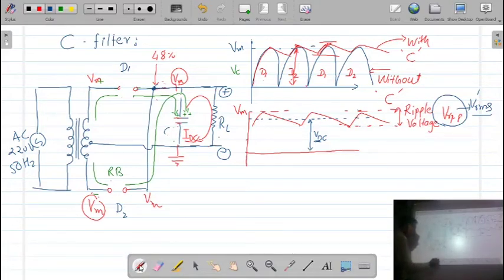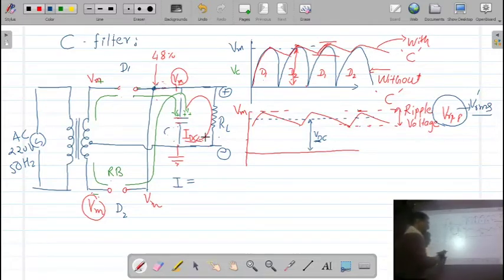One of the formulas, if you remember, is for the current. What is the relation between the current and the charge? Because here the capacitor is going to charge and discharge, and due to the discharge we have this current. So if I want to calculate the amount of the discharge, then we need to know the relation between the current and charge.